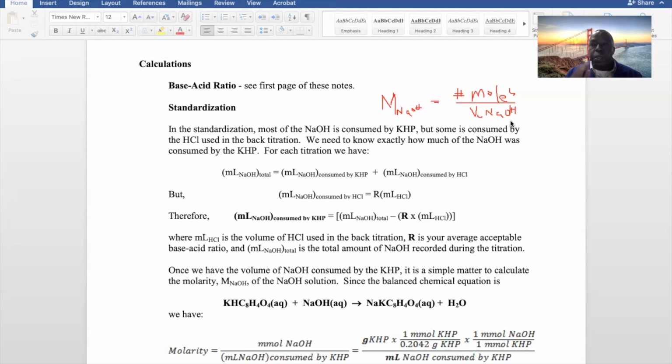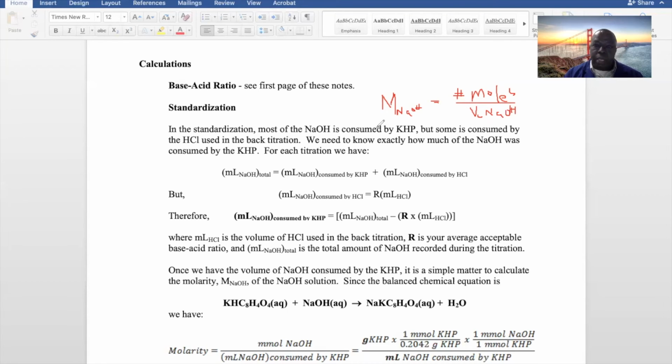So if you know the mass of KHP in trial 1, it's the same as the number of moles of NaOH. And now we need to find the volume of NaOH in trial 1, change it to liters, so that when we plug it into the equation, we will know the molarity of NaOH.